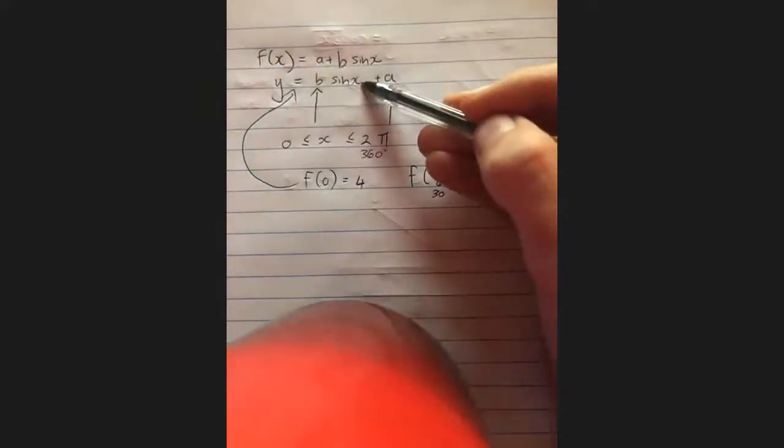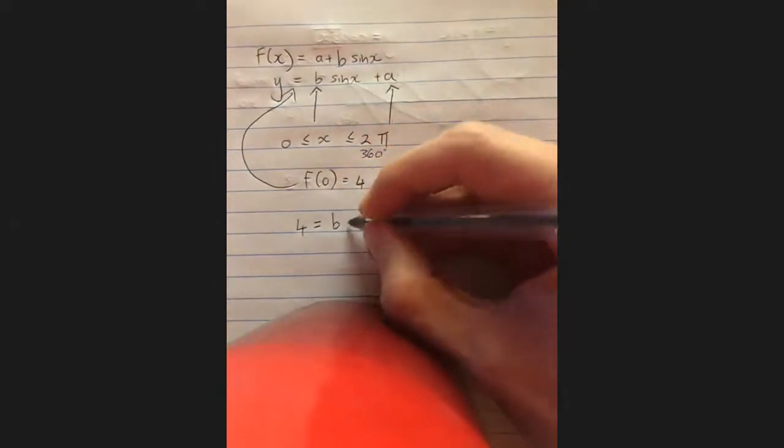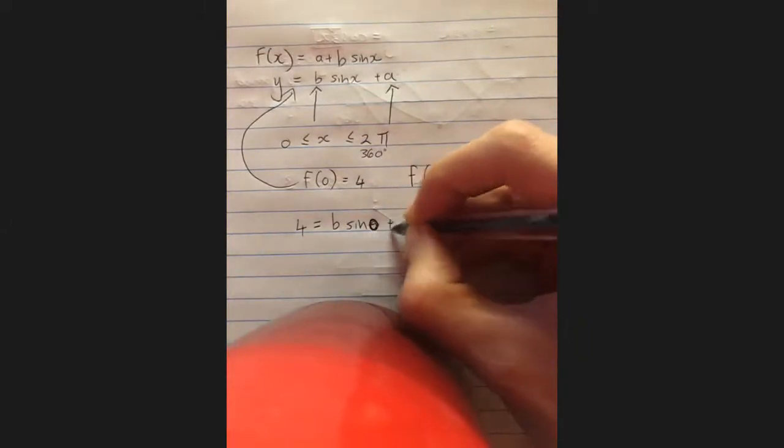Let's apply that to this equation, because you have a y, you have an x. So let's pop them in. Y is 4, x is 0. I know we're not going to necessarily be able to solve everything with this one equation, but there are 2 of them. Sine 0.